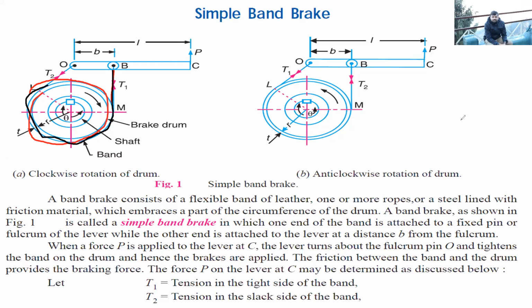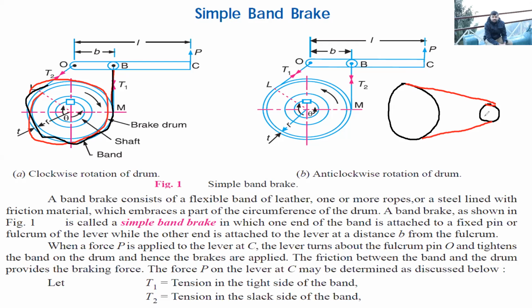So you might have studied belt and pulley drive, right? It is very similar to an open belt drive. So these are the two pulleys which are transmitting power with the help of a belt. One of the pulleys would be the driving pulley, and another pulley would be the driven pulley.